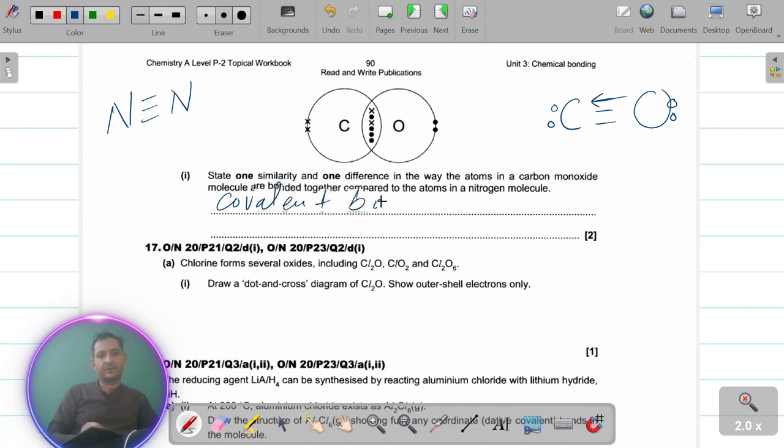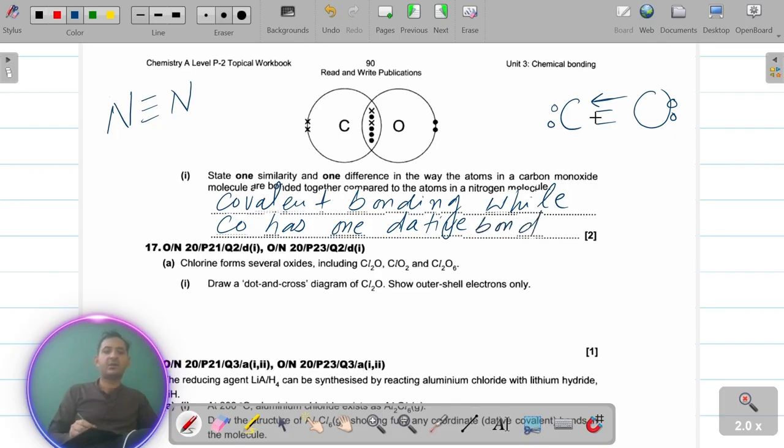Both have covalent bonding, while CO has one dative bond or coordinate covalent bond. I am writing dative bond. The similarity is both have covalent bonding. The difference is CO has one dative bond.